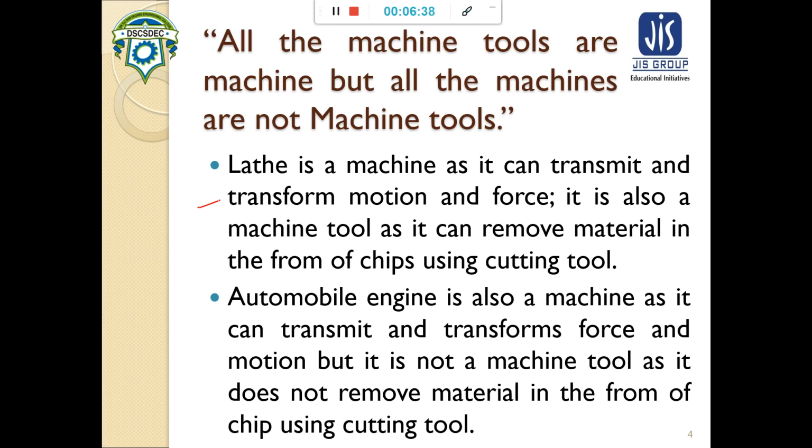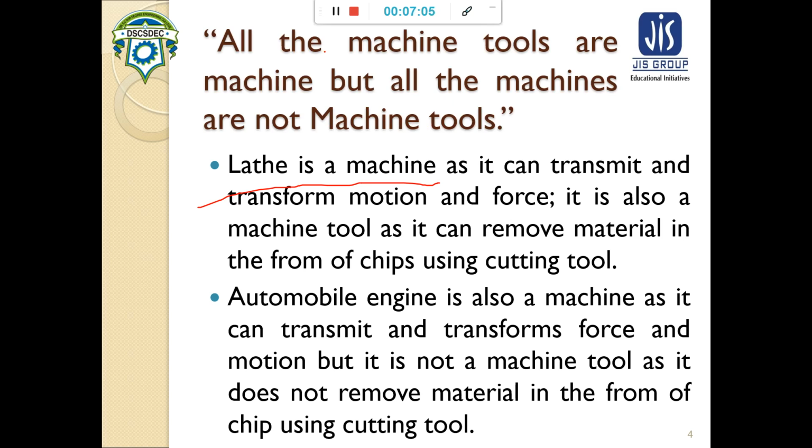Say a lathe is a machine because it can transmit force and motion. So it is a machine, but it is also a machine tool. Why is it a machine tool? Because it can remove material in the form of chips using a cutting tool. You have all seen a lathe in the workshop.